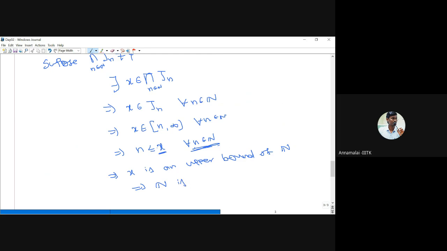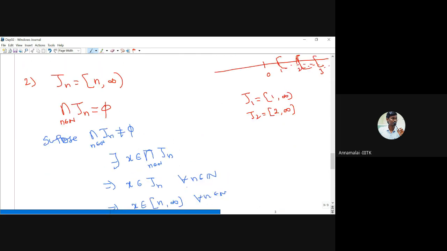Because if you have at least one upper bound, then that set is bounded above. So why do we get a contradiction? Because of our assumption, that the intersection is non-empty. Therefore the intersection should be empty.